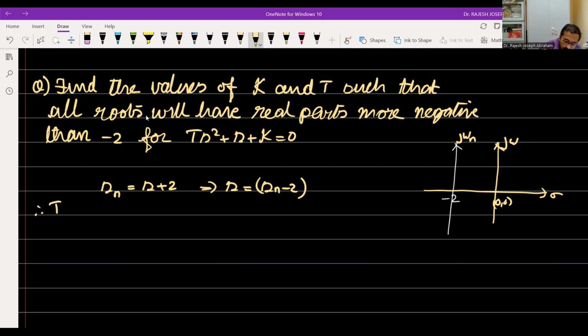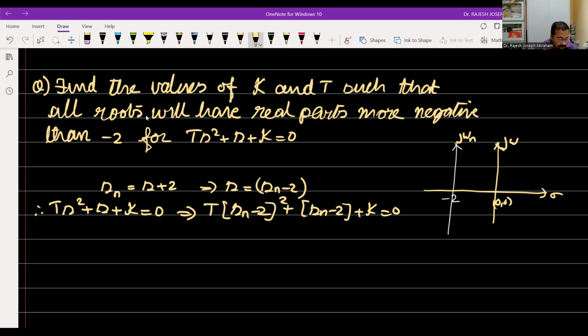Okay, therefore t s square plus s plus k equal to 0 will become what? t into s n minus 2 whole square plus s n minus 2 plus k equal to 0. Okay, simplify this. What do you get? t into s n square minus 2 s n plus 4 plus s n minus 2 plus k equal to 0.